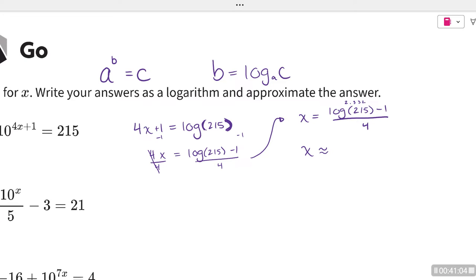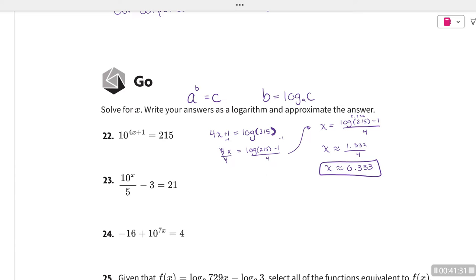So if I subtract 1 from that number, I get about 1.332 over 4. So then when I divide by 4, I get x is roughly 0.333. We'll go to 3 decimal places. Okay, so that is number 22.